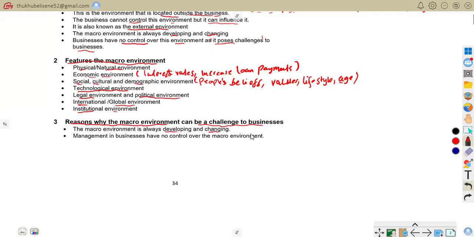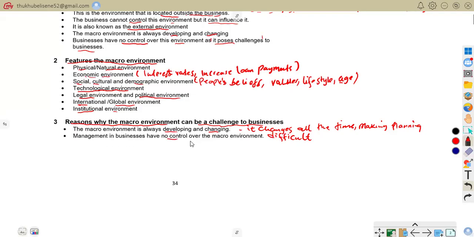It changes all the time, making planning difficult. For example, new tax laws may suddenly increase costs. That's what you're saying. That is one of the reasons why the microenvironment can be a challenge to a business. It is always developing and changing.